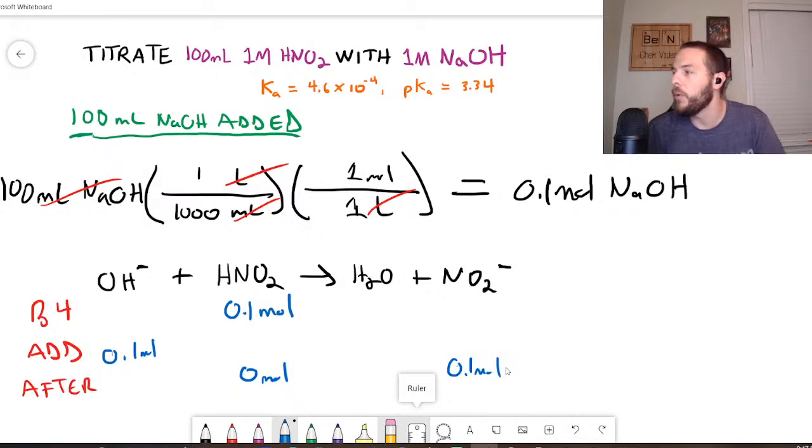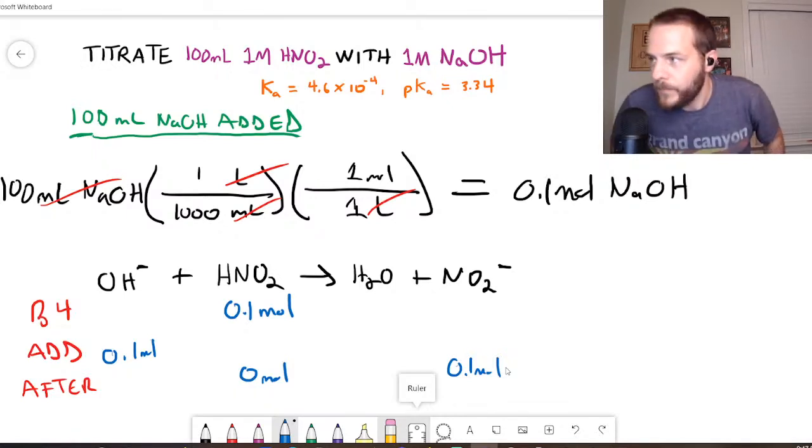So that's kind of interesting. Essentially what we've done here is we've destroyed the buffer, right? Because as long as there was a significant amount of a weak acid and a conjugate base in there, it could be relatively resistant to changes in pH. But now that we've destroyed that buffer, as we'll see in the calculations to come, the pH is going to rise dramatically in response to even a little bit more added titrant.